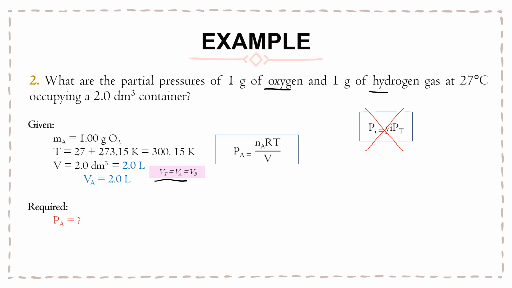Okay, so we have PA is equal to NART over V. Okay, so Na, which is the moles of our H2 gas, that is equal to 0.03125 moles. So you can double check this in your calculator.